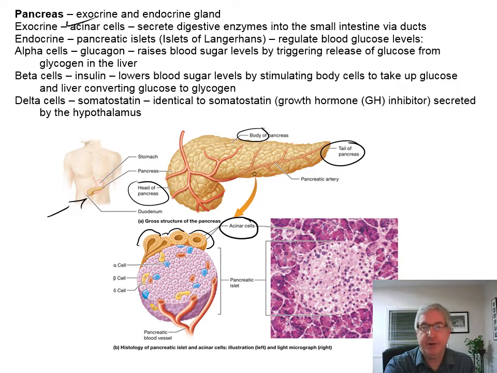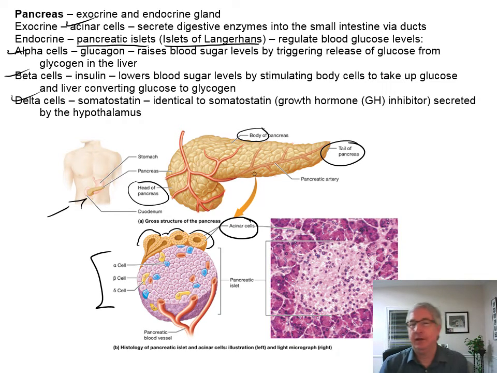There are other cells in there called alpha, beta, and delta cells, and those are all found in what are called pancreatic islets. These used to be called islets of Langerhans, and lots of times you'll hear people use that term. Either one works.